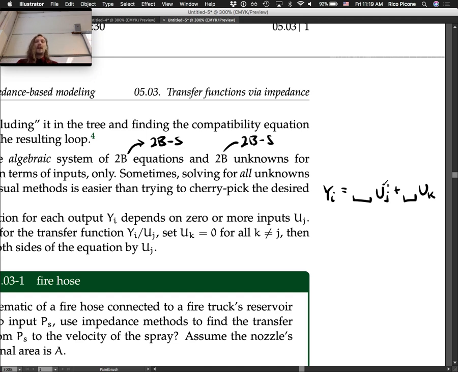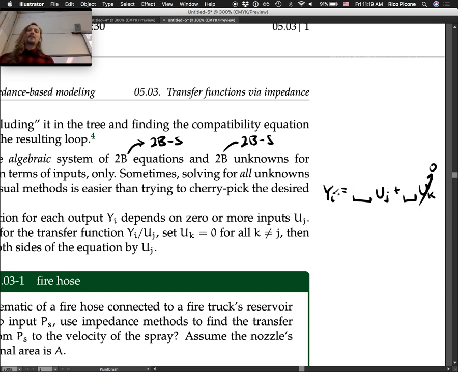So say you want the transfer function from Uj to Yi. These are just some input Uj that you care about and some output Yi that you care about. What you do is you set all the other inputs to 0 temporarily. So you say, oh, okay, this is 0. Maybe if there was a Ul, that is 0, etc.